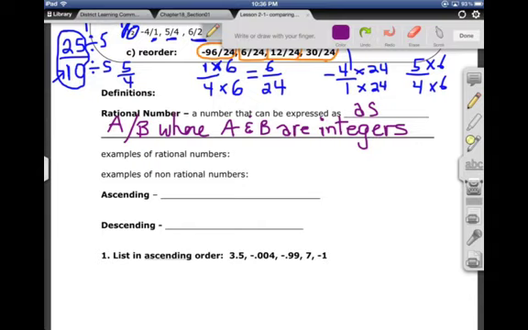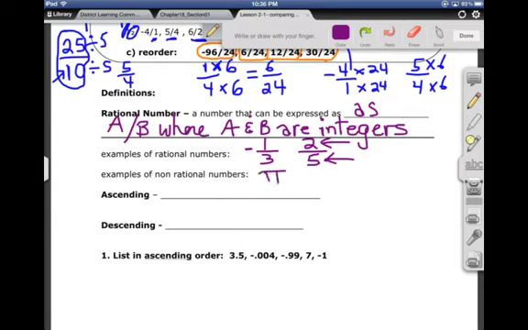Okay, so an example of a rational number, -1/3, right? 2/5. So the top and the bottom are clean values. They're just integers. When you look at a non-rational number, it's something where you can't express them, the fraction, cleanly. For example, pi.